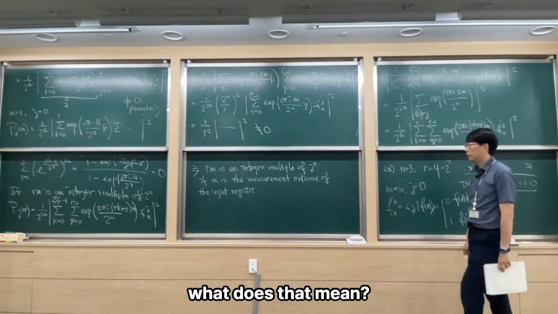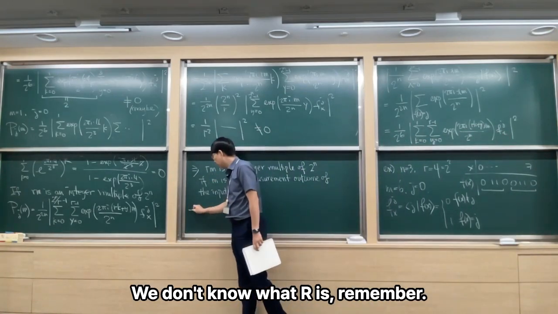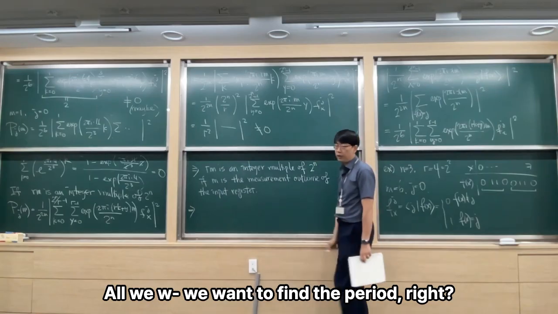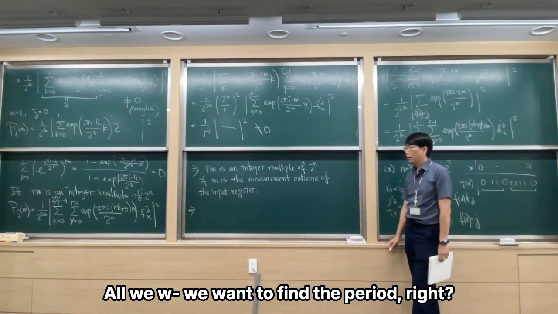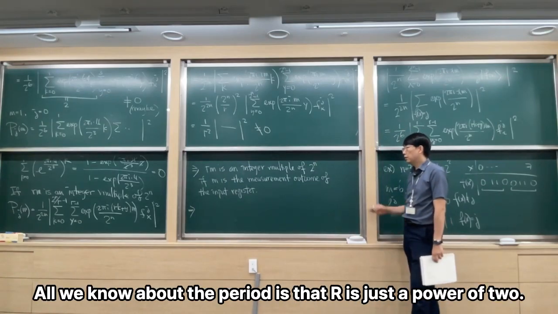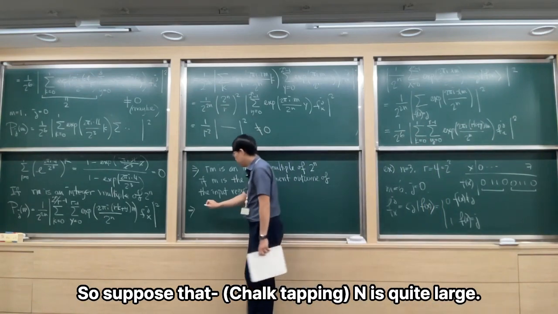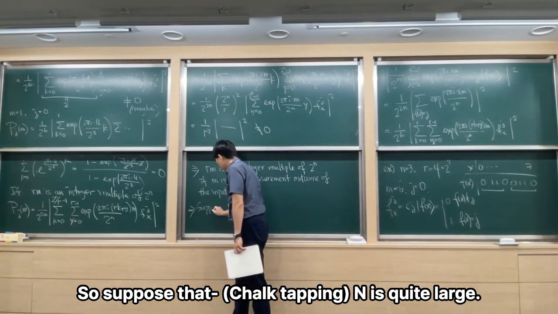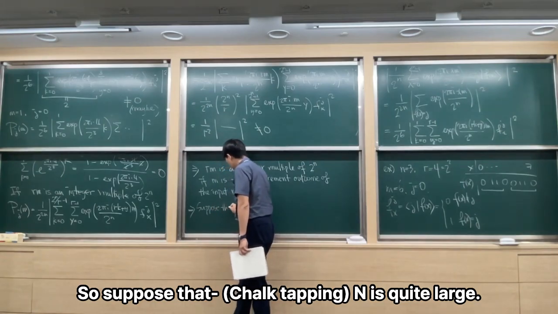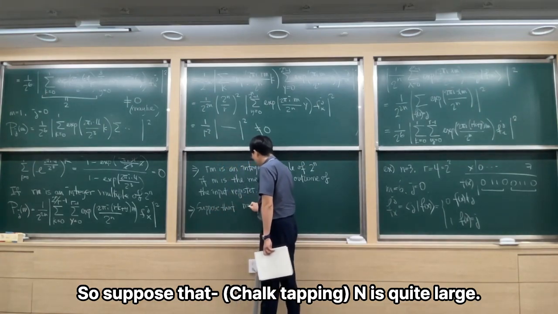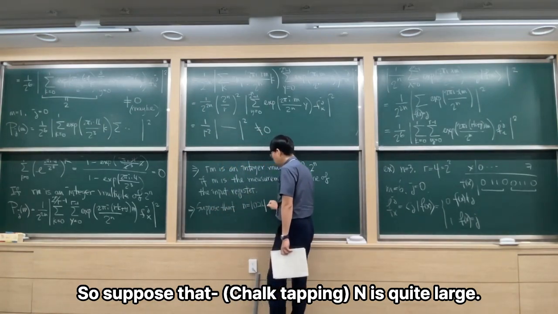So what does that mean? We don't know what r is. Remember, we want to find the period, right? All we know about the period is that r is just a power of 2. We don't know what r is. So suppose that n is quite large.